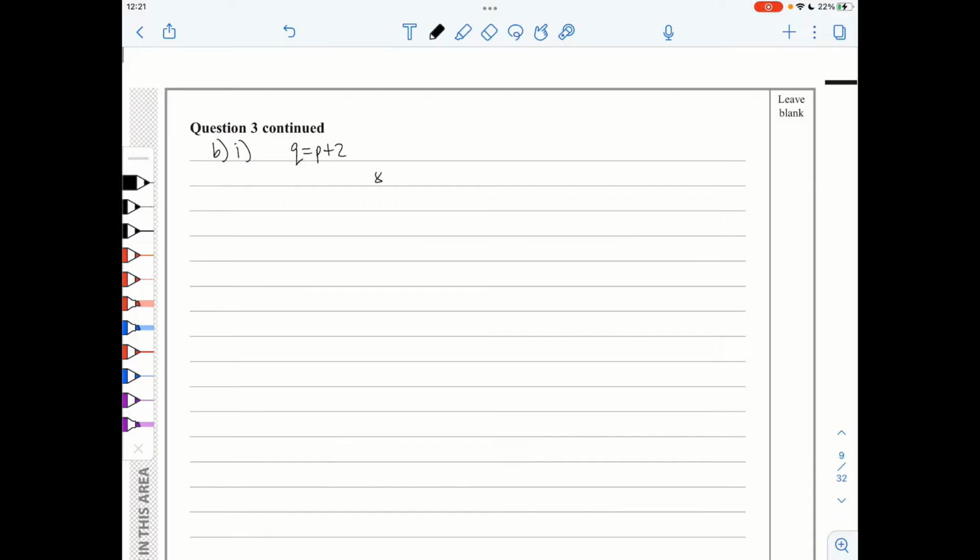So 8 is p squared plus (p plus 2) squared, replacing q with p plus 2, minus p times (p plus 2). I will expand here to get 8 is p squared plus 4p plus 4 minus p squared minus 2p. And now collecting everything on the right hand side, I get 0 is p squared plus 2p minus 4.